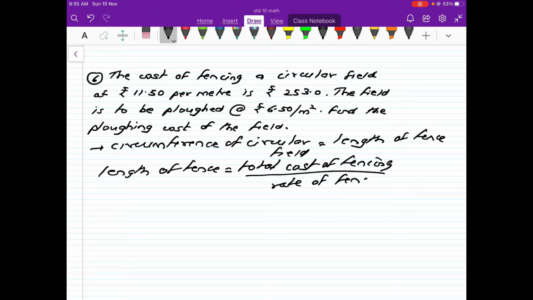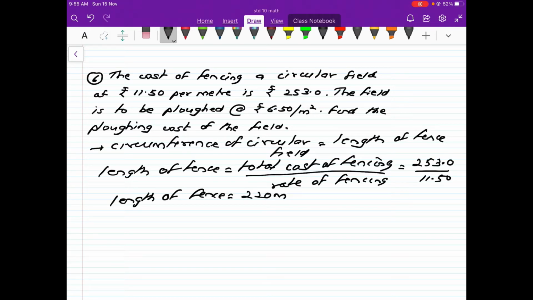From this we can find. So this is 253 upon 11.50. So we are getting the length of the fence as 220 meters.